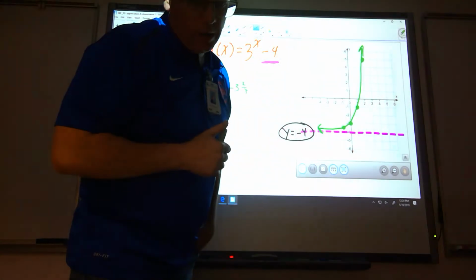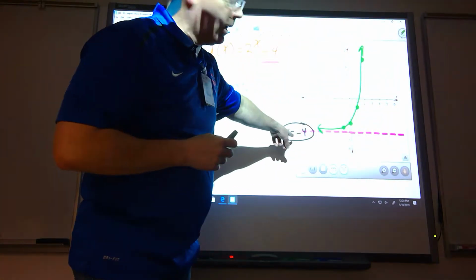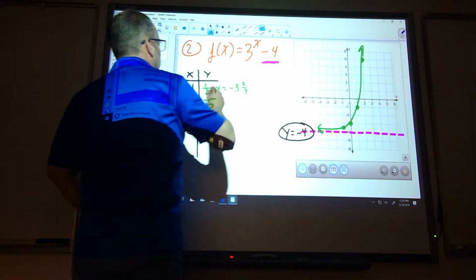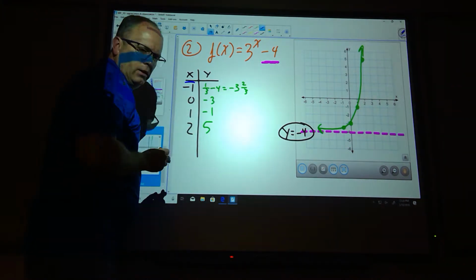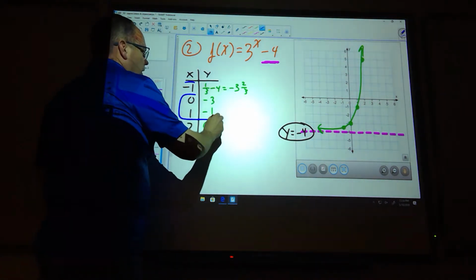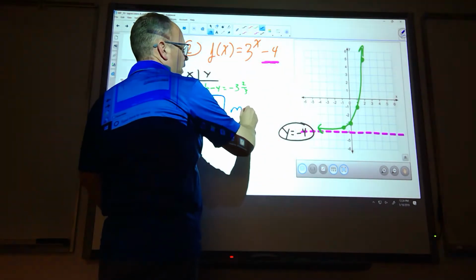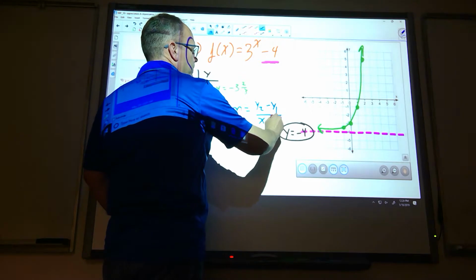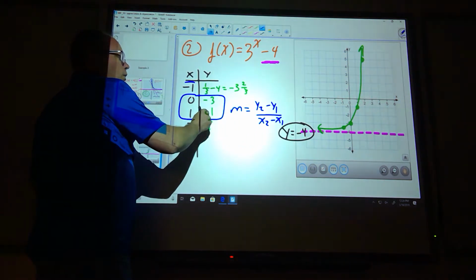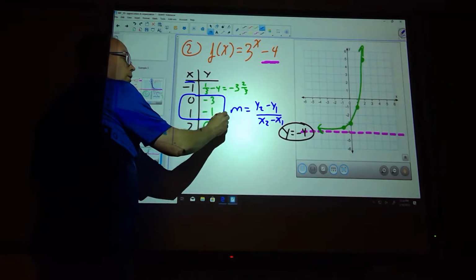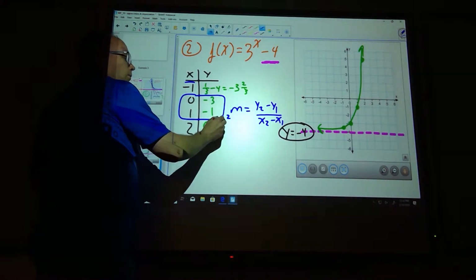What is the equation of the horizontal asymptote? We got that right there. What is the rate of change from 0 to 1? They just wanted this one. So again, remember the slope equation. Negative 1 minus 3, that's negative 1 plus 3, which is 2. And then 2 over 1.